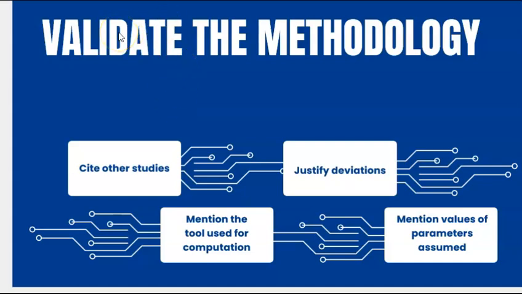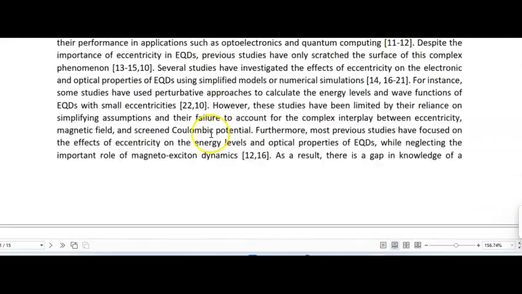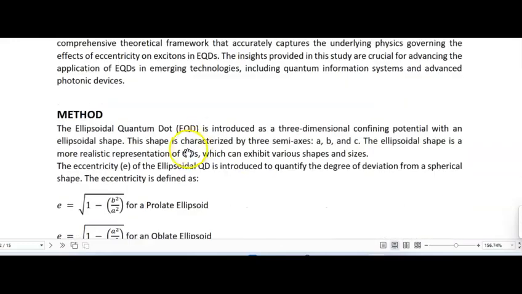Now let's get to see a typical example of how all of these components are used in the method of a particular paper. This is a typical theoretical paper that investigates the effect of eccentricity on magneto-excitonic dynamics in an ellipsoidal quantum dot with a screened Coulombic potential. Now let's quickly get to the method section.